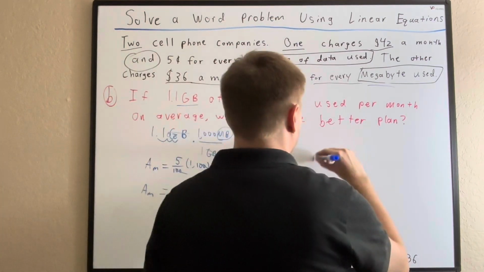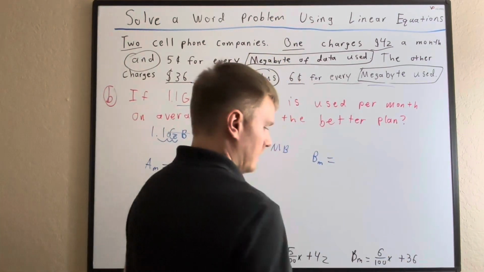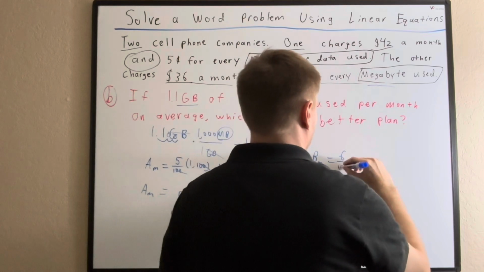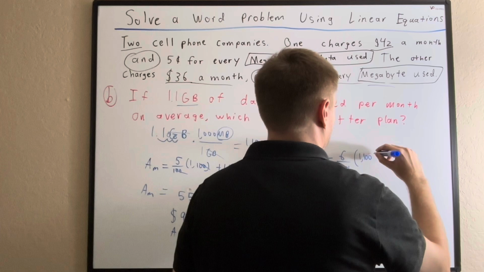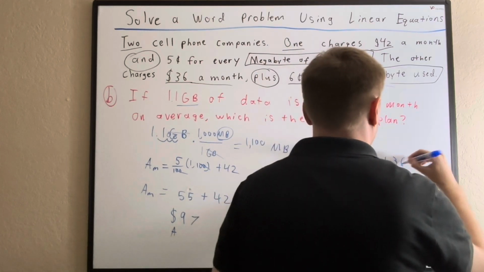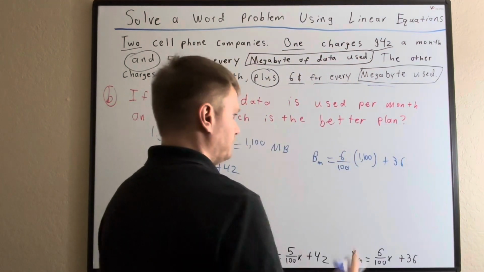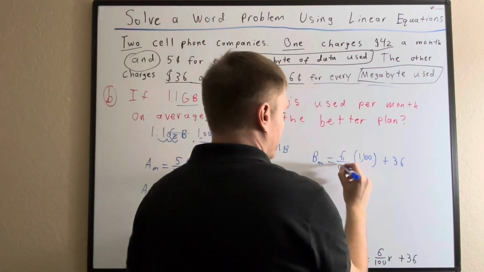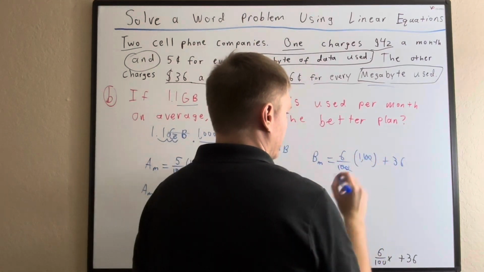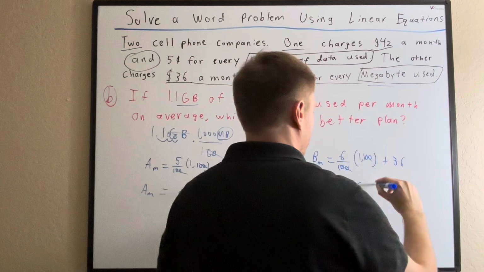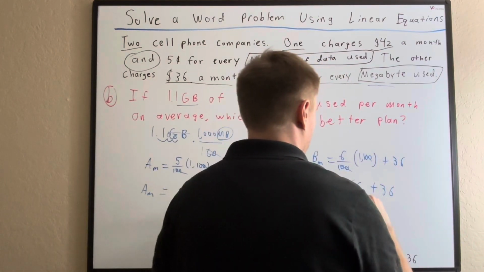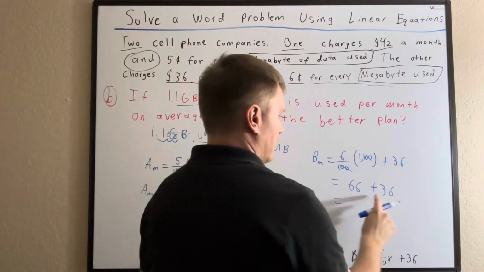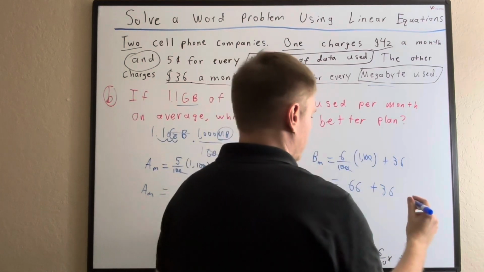Company B. 6 over 100 times 1,100 megabytes plus 36. Okay. Same thing, divided by 100. We get 11 times 6, which is 66 plus 36. Ooh.